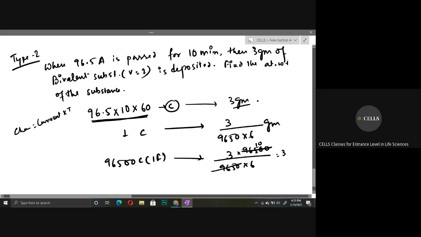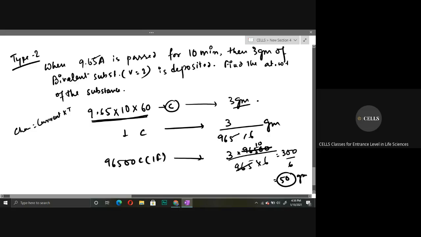Okay, it is not 96.5, it will be 9.65, then the answer will match. So 965 into 6, you will get 300 by 6, 50 will be the gram.